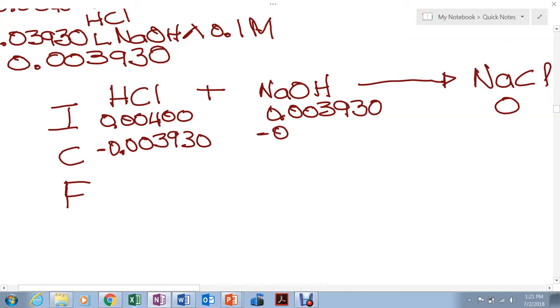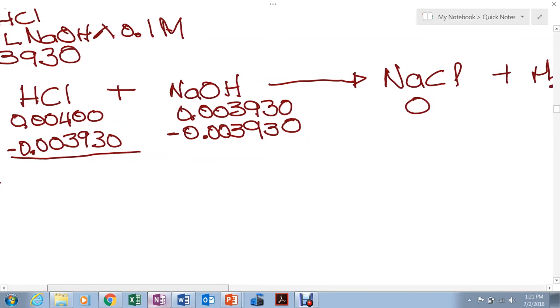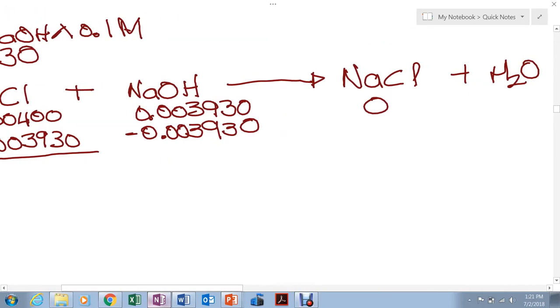This is 0.003930. Why? Because this is still there, and then you're going to form here, that's the change, plus the same amount, 0.003930.